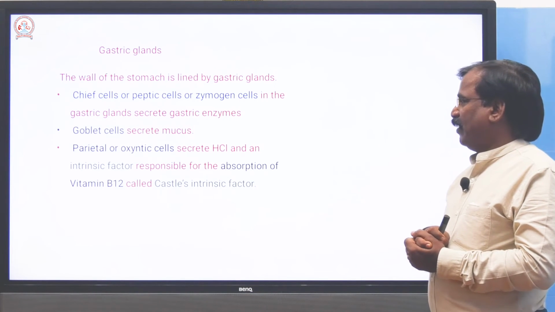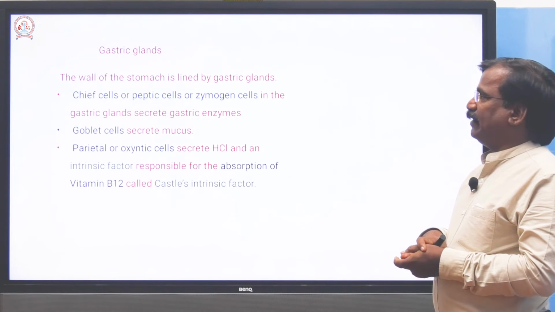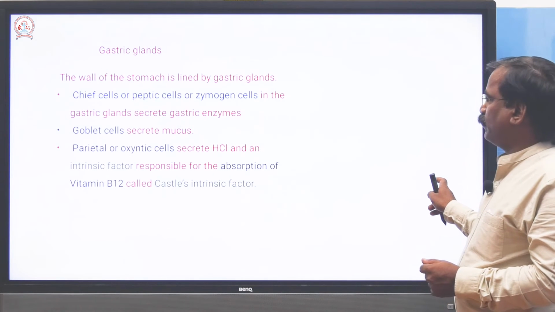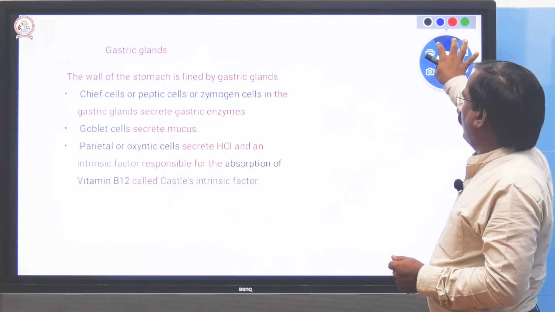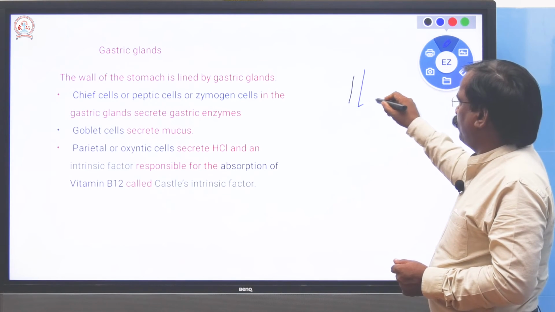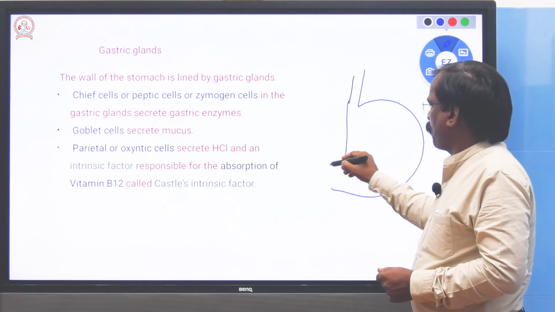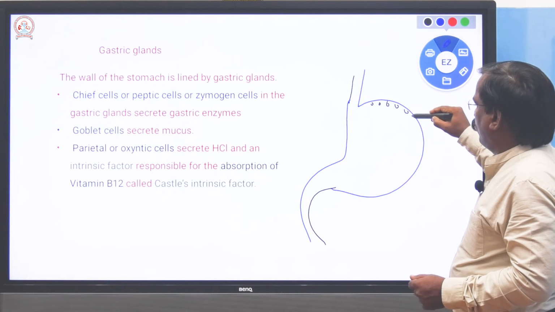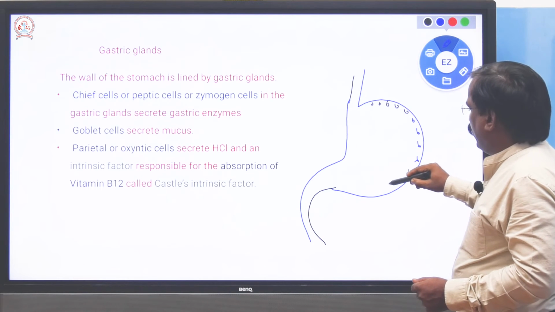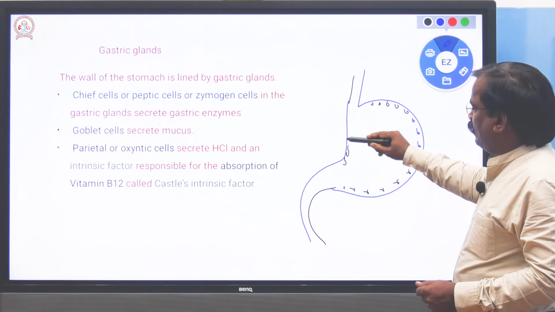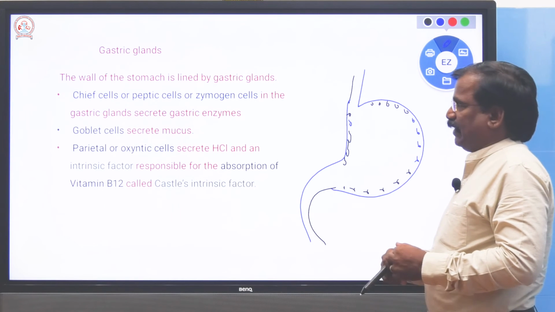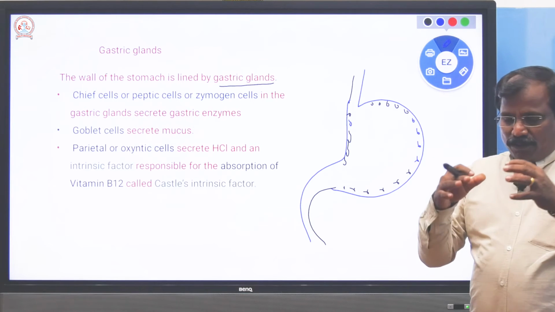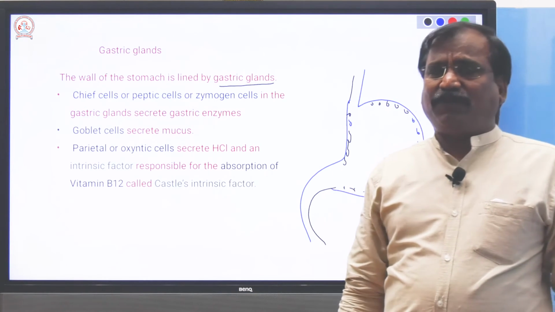Next is the gastric gland. The walls of the stomach possess glands that are called gastric glands. The inner walls of the stomach have secretory cells, commonly called gastric glands.